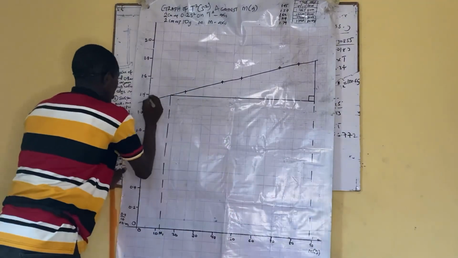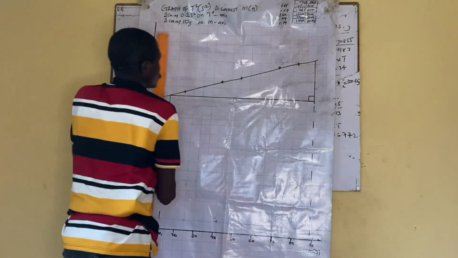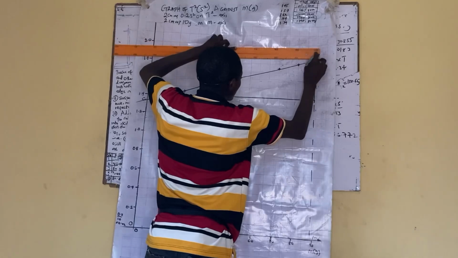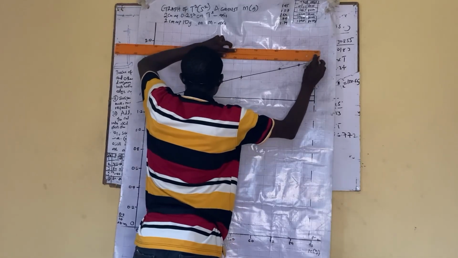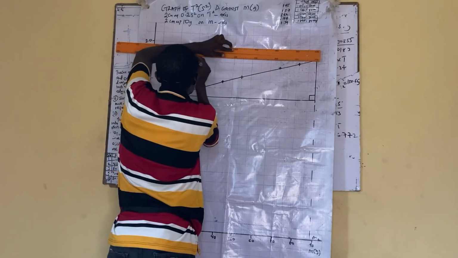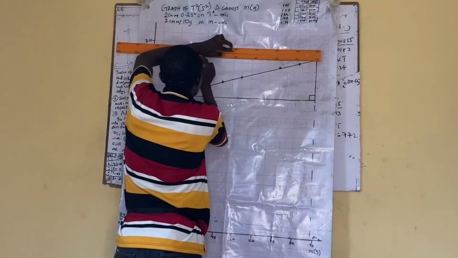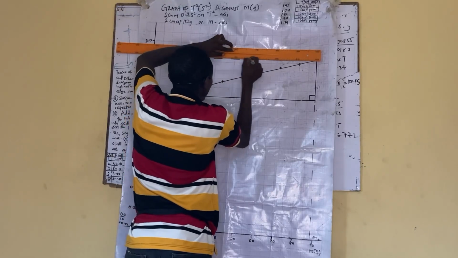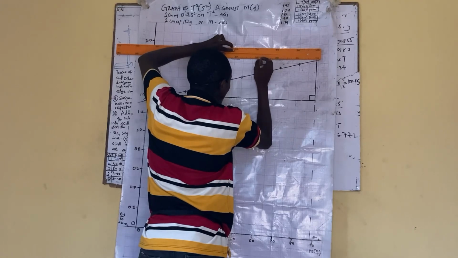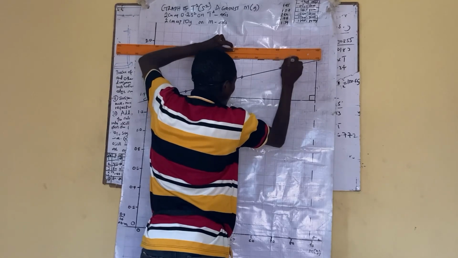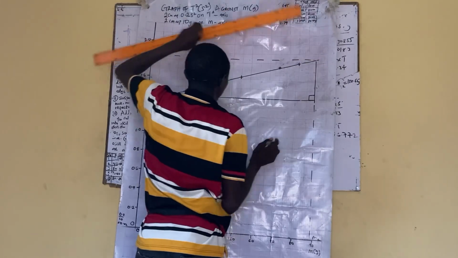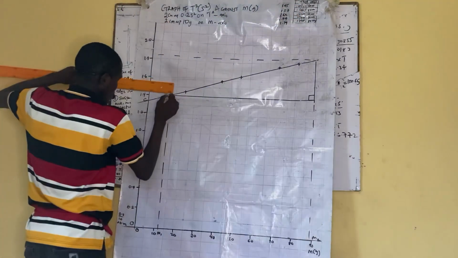If they ask to calculate the intercept, this will be your intercept C. So now let's choose this side too. Okay, and this is the other one here.